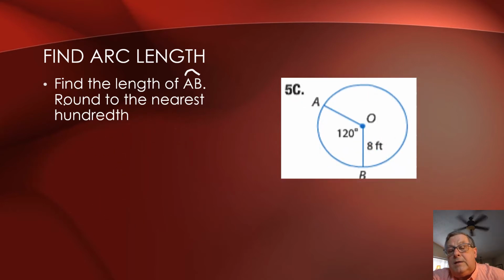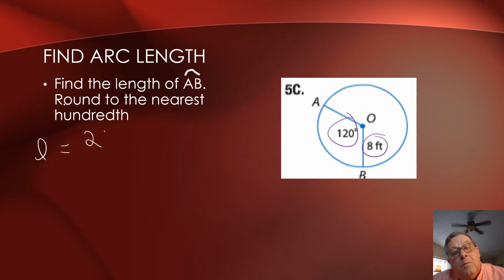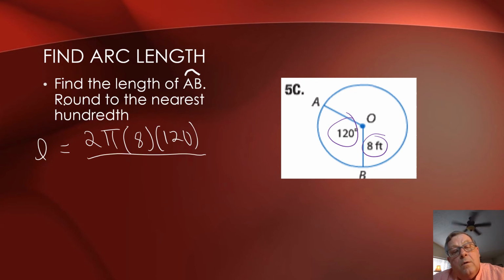Well, I got a radius of 8 feet, I got a central angle of 120. And I got my handy dandy little formula that the length of the arc in linear units is equal to 2 pi times the radius, 8, times the measure of the central angle, 120, over 360.